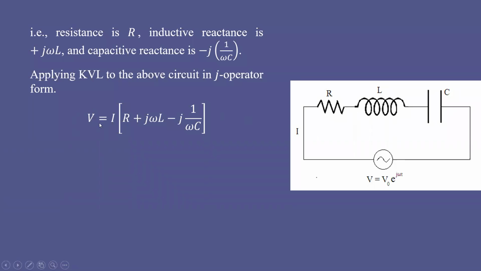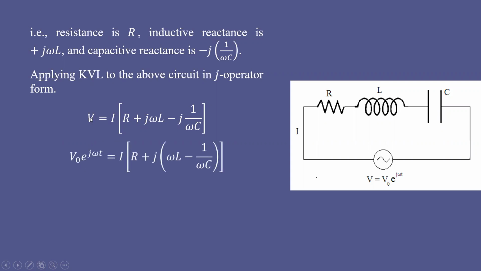Therefore, the effective voltage V is equal to current into the effective resistance. Effective resistance is the total resistance of the circuit, that is given by R plus J omega L minus J into 1 by omega C. Finally, we have to find out the expression for current I.